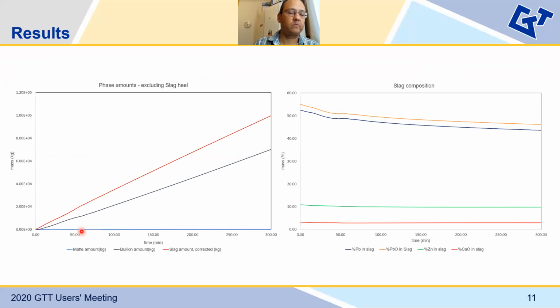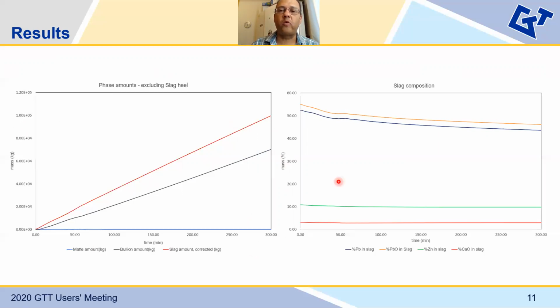So you can see how the amount of the bullion phase grows with time. At the end, we achieve basically 600 tons and 800 tons, and 60 tons, 80 tons for the slag phase.